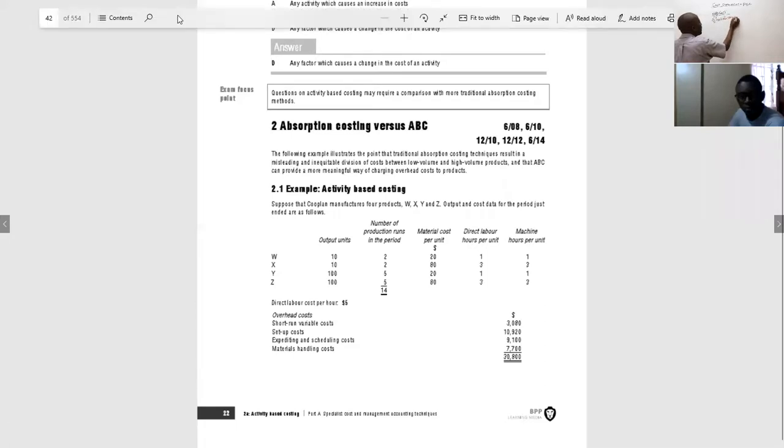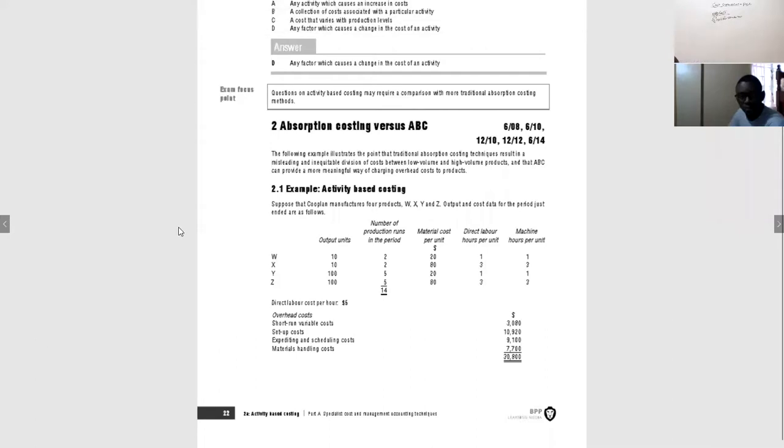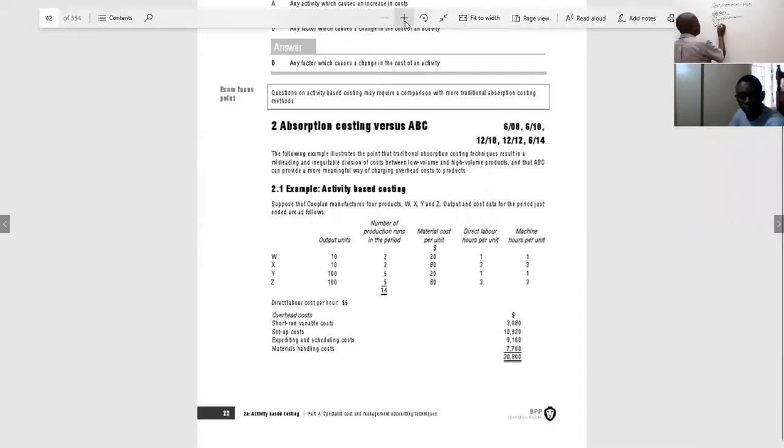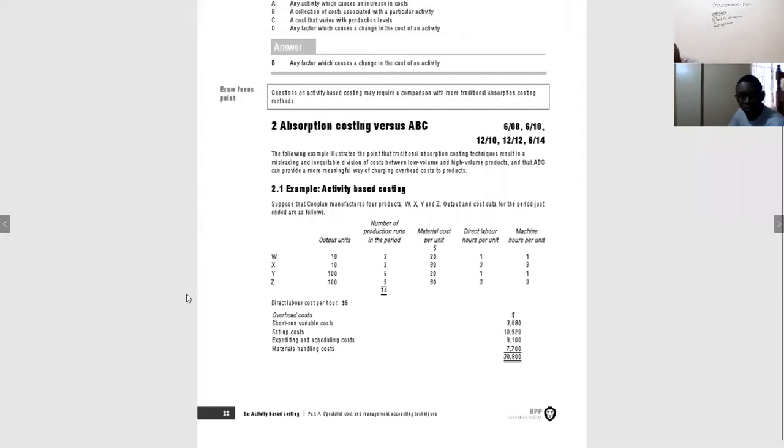The second one that I'm able to see is called setup costs. The third one is expediting costs. And then the last one is called material handling costs.